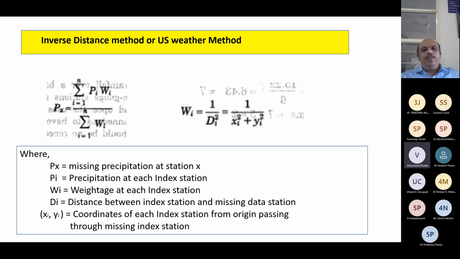Okay, again I will explain this formula in detail in the next slide with a reference figure.